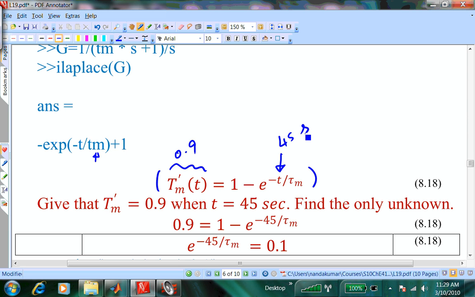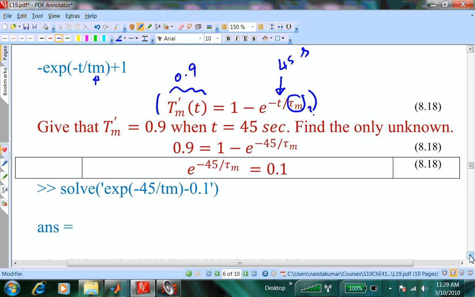So in that open loop equation relating the output to the input, you know t and you know Tm prime. So you have to solve for what this number is. This is very similar to what you did in your first midterm exam. So rearrange that and solve for Tm.